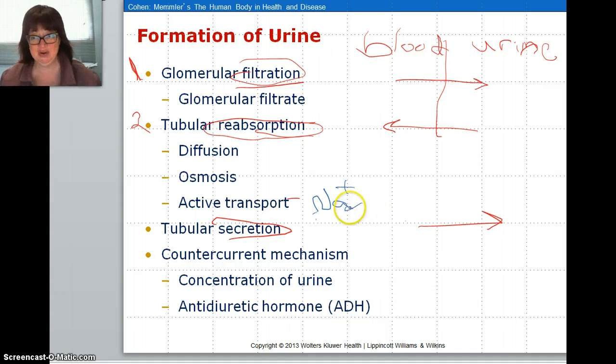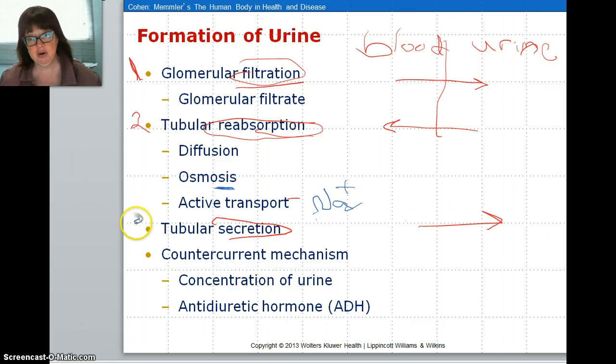Amino acids are transported back. All the good stuff is transported back from the urine back into the blood. Now, because you have transported most of the stuff back, osmosis will follow. When you're moving substances, you create a hypertonic solution outside of the kidney, so water will follow.